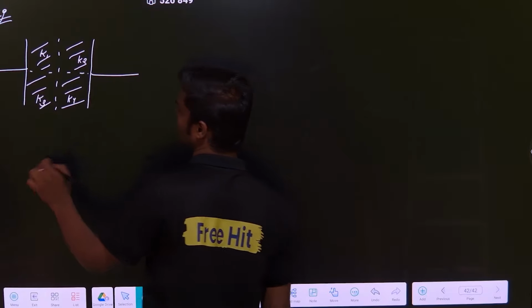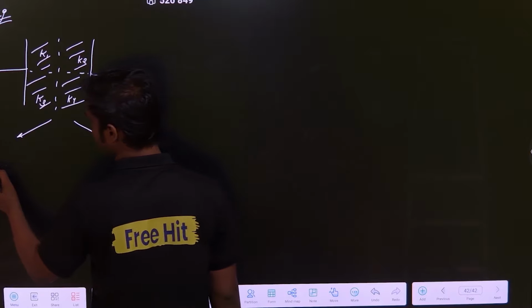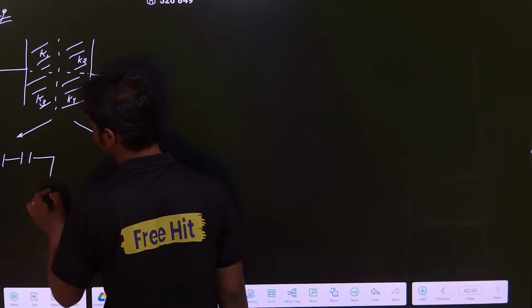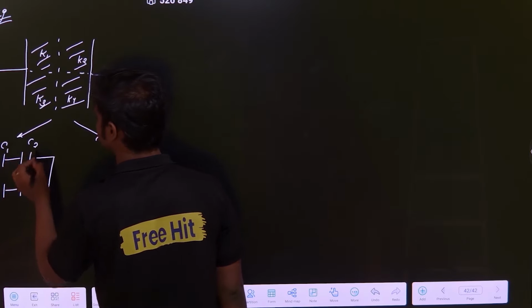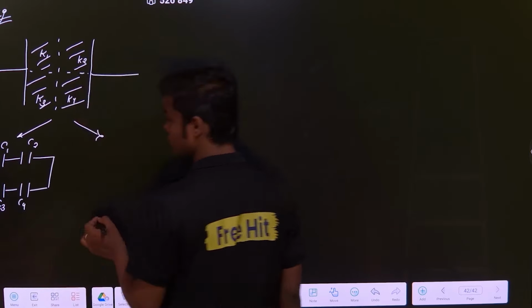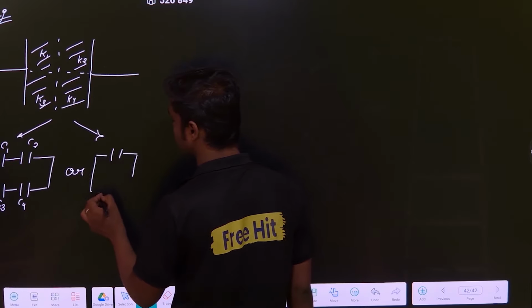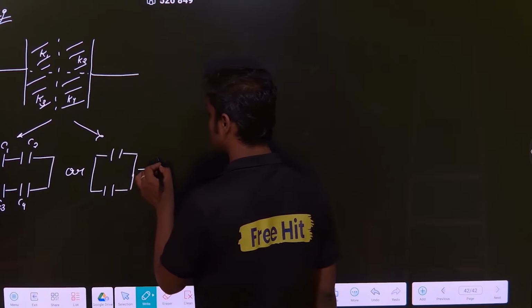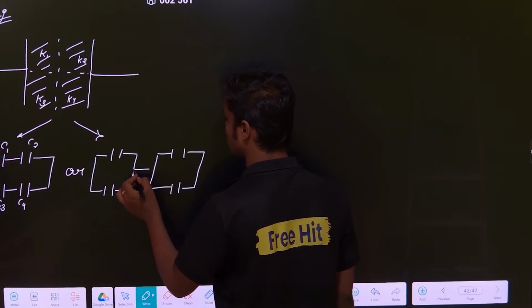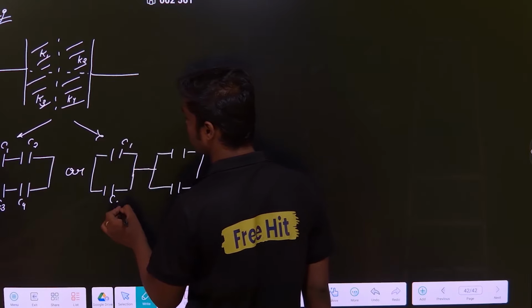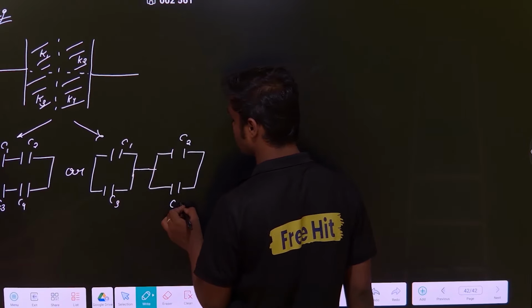My question is not to calculate C net, but whether this will be treated as like this, C1, C2, C3, C4. This is C1, this is C2, this is C3, this is C4, or is it something like this: C1, C3, C2, C4.